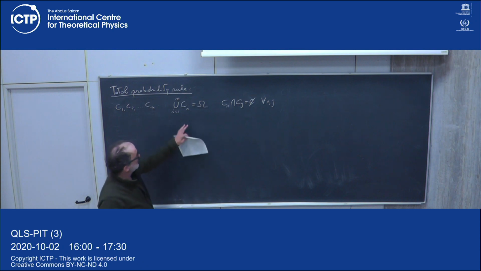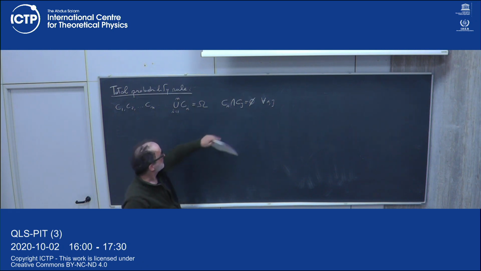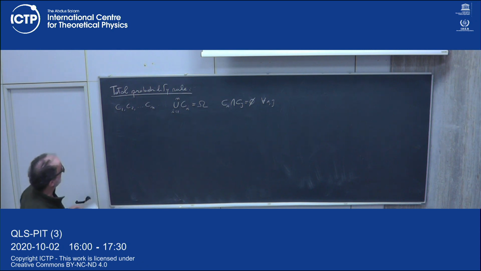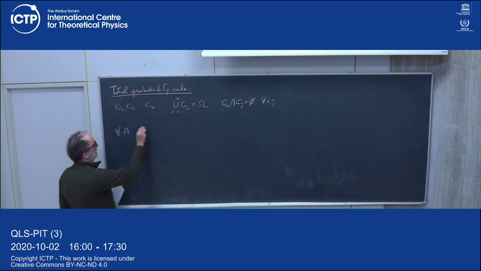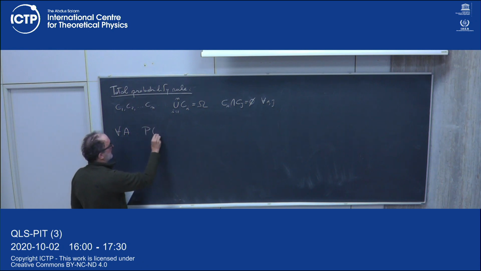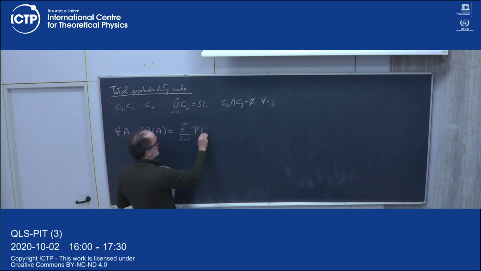So this means that at least one of these events occurs, and this means that only one of these events will occur. Then for any event A, you can write the probability of A as the sum of the probability of A intersection Ci.